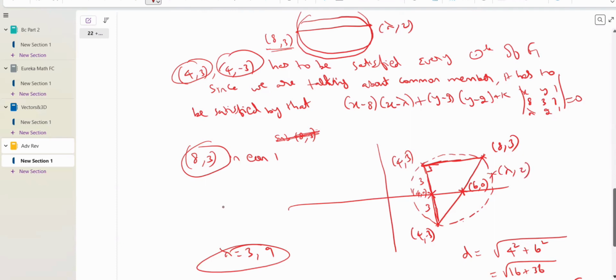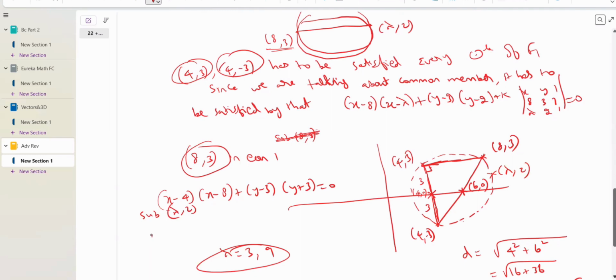Okay, and you can actually write the equation of the circle because you know the diametric endpoints: (x minus 4)(x minus 8) plus (y minus 3)(y plus 3) equal to 0 will be the equation of this circle that I have drawn here. You can substitute (lambda, 2) in this, get a quadratic equation, and solve for lambda.